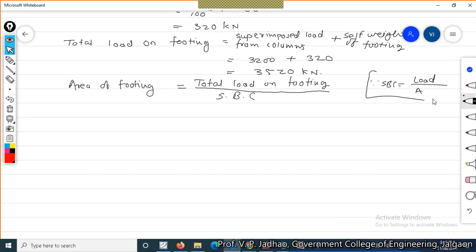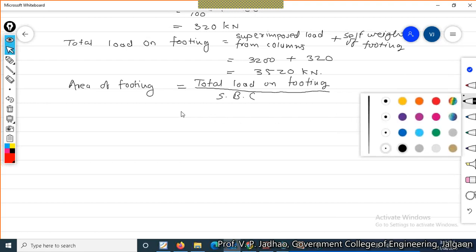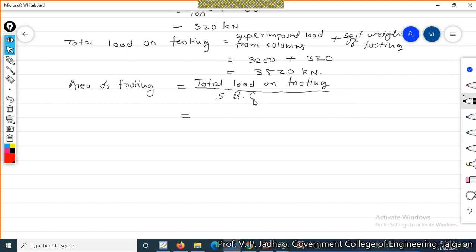So the area of footing is equal to the total load on footing divided by SBC. We have the total load on footing equal to 3520.